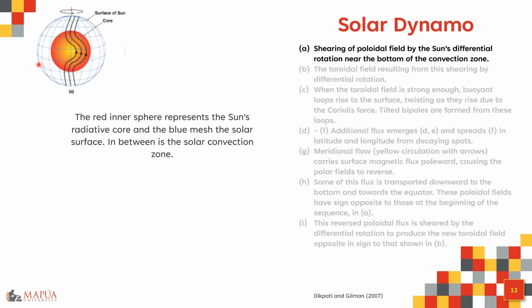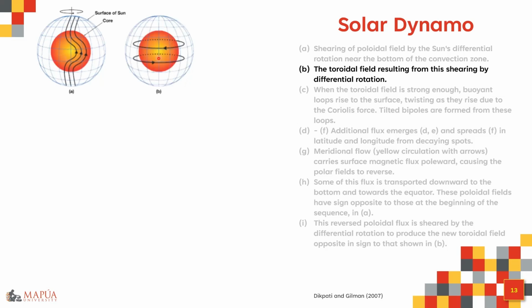Okay, so this figure shows the shearing of a poloidal field by the sun's differential rotation near the bottom of the convection zone. So this is your convection zone. And this toroidal field, as you can see here, is actually a result of the shearing by the differential rotation.